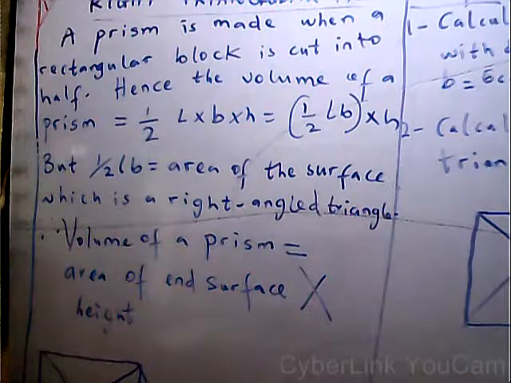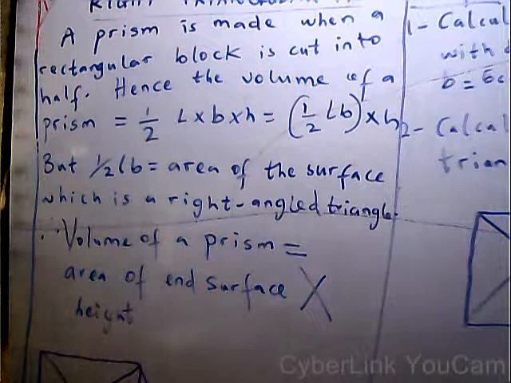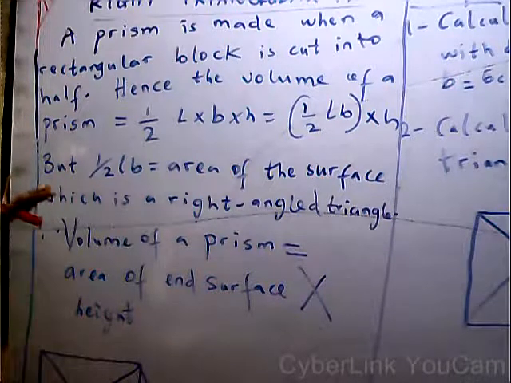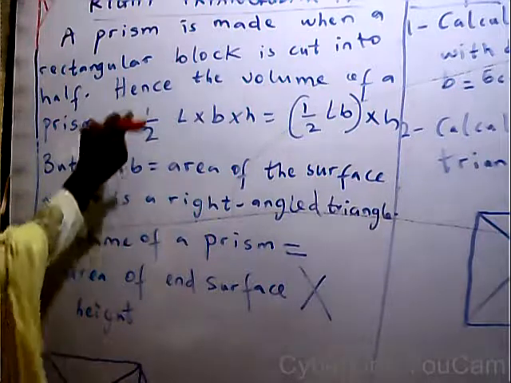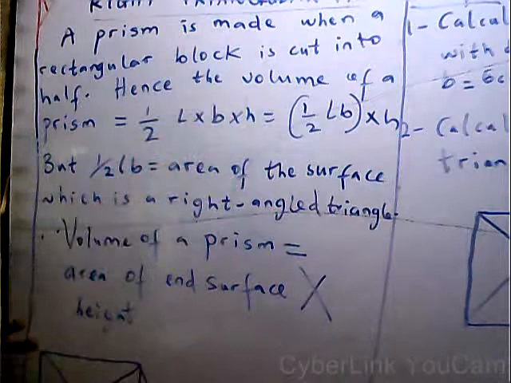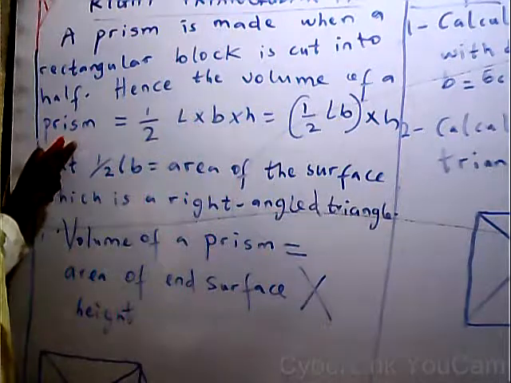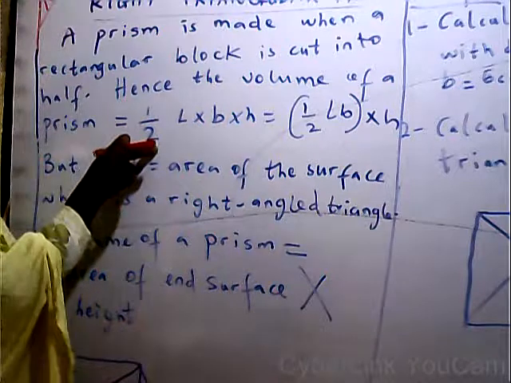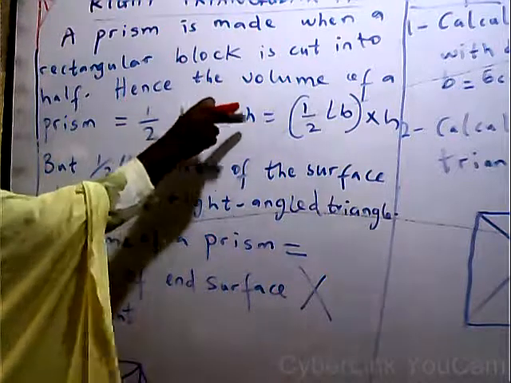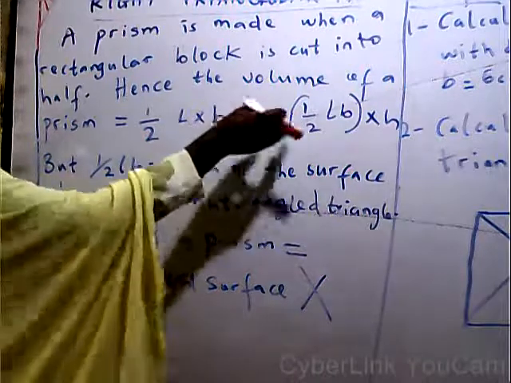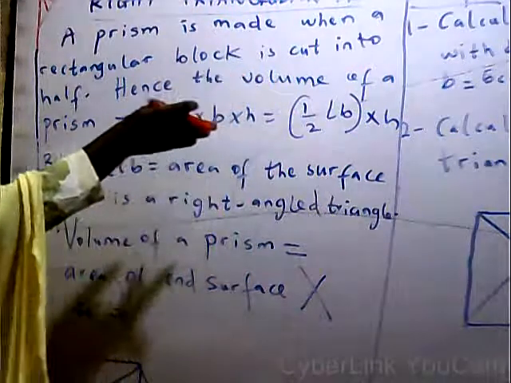Since the volume of a rectangular block is length times breadth times height, when divided by 2, it will give you 1/2 length times breadth times height, which means the formula for finding the volume of a triangular prism is half length times breadth times height. Or you can have your length and breadth together.